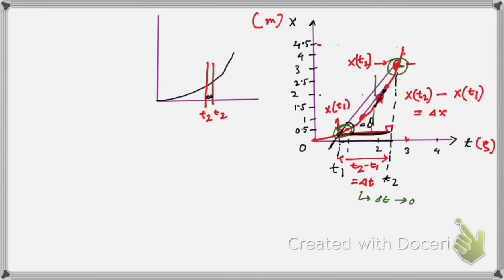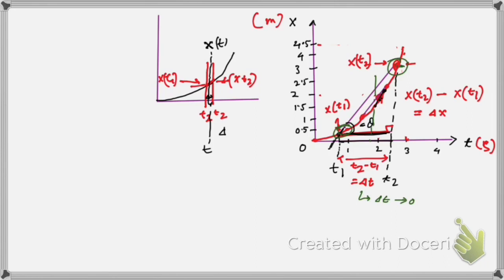Then the chord joining these two positions, x(t1) and x(t2), these are very close to a position x of t, which is a function of t. That means at an instant t, the position is x.